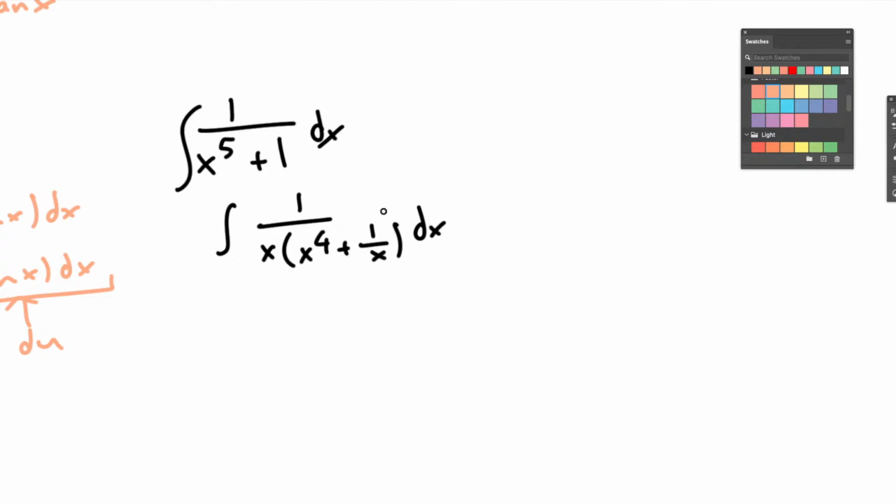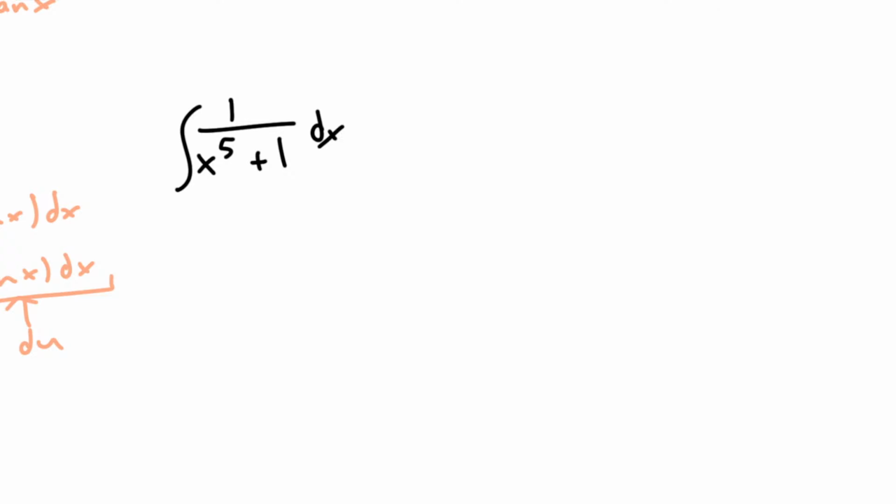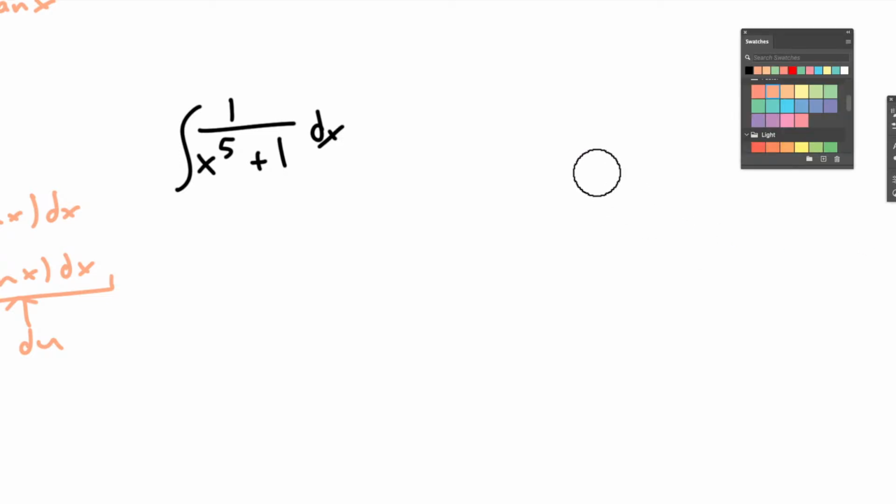Wait. Basically, there are identities for this, right? The a squared plus u squared ones.